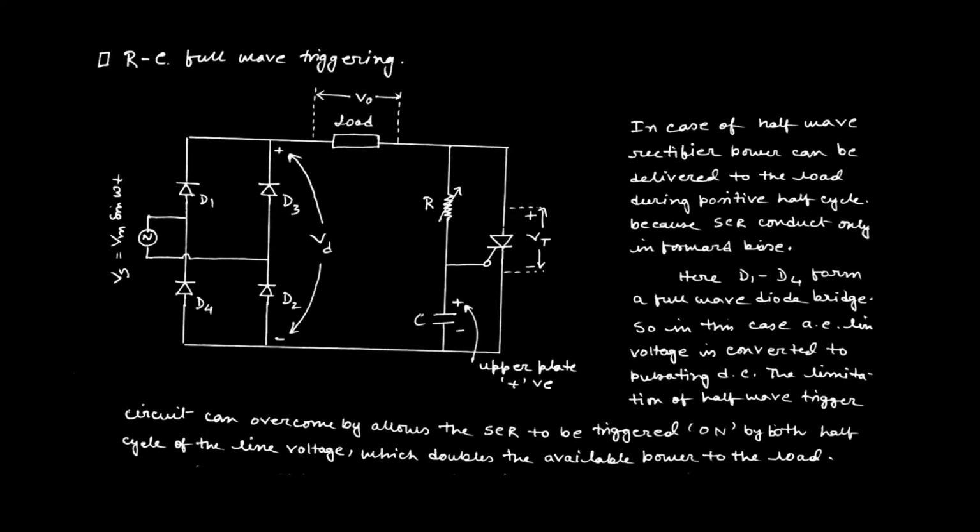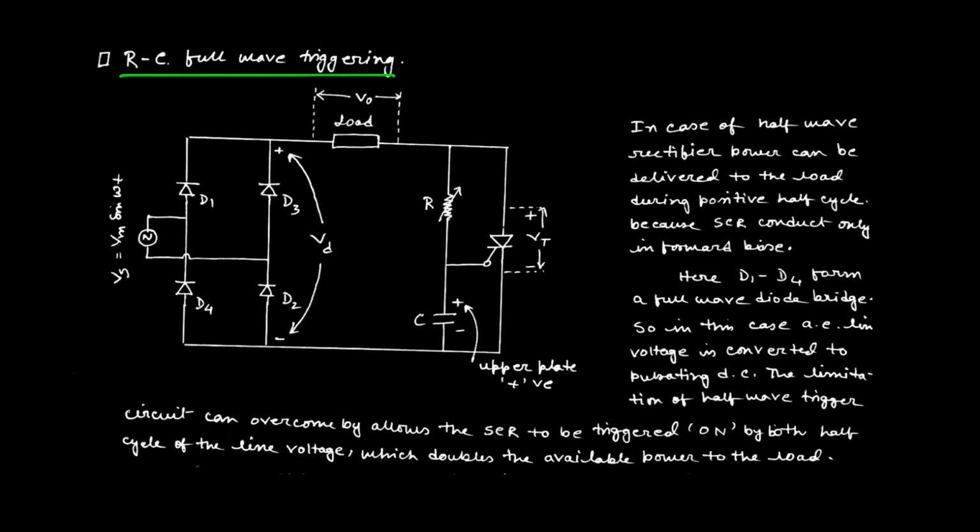This is the schematic circuit diagram of the RC full wave triggering circuit, which is constructed with a bridge circuit. In the previous topic we discussed the RC half wave triggering circuit, which had no bridge.